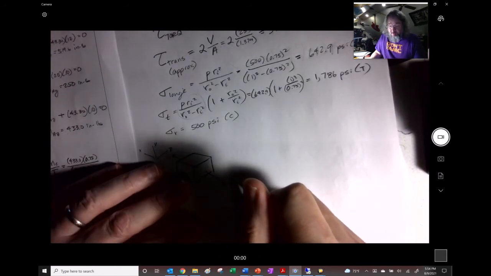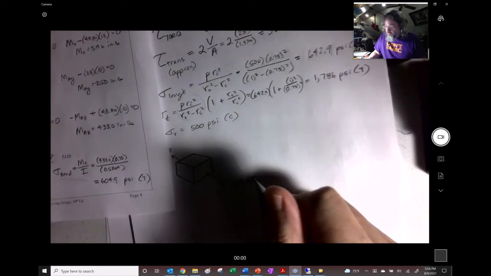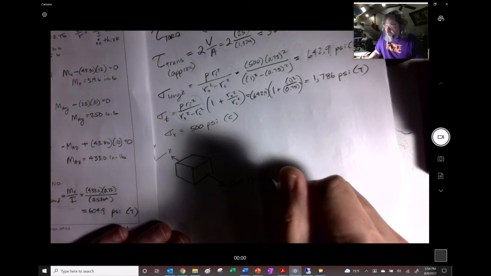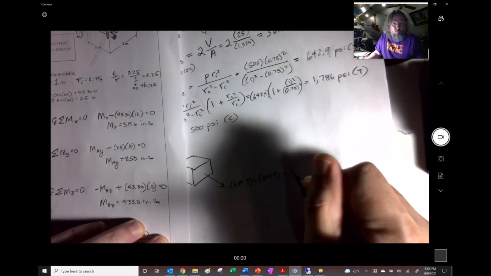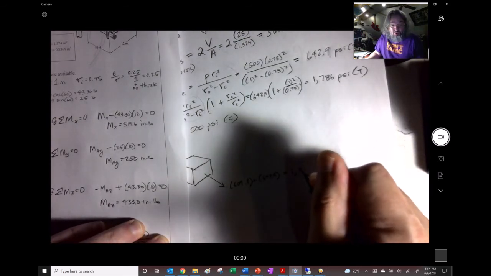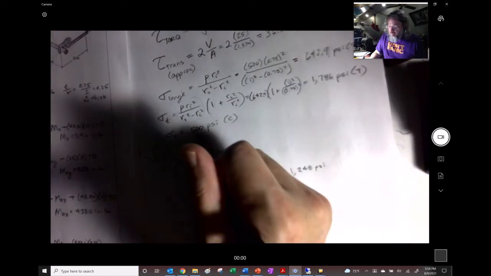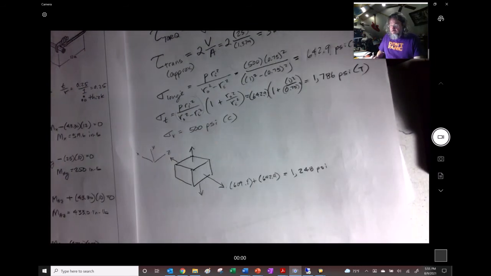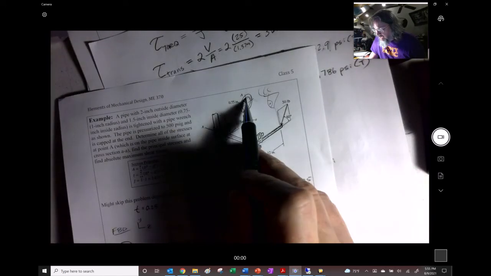So this is going to be 604.9 plus the longitudinal, right? It's trying to get longer in the X direction. So that is 642.9. So you end up with 1,248 psi. How about in the Y direction?